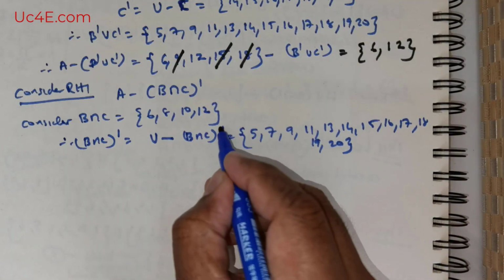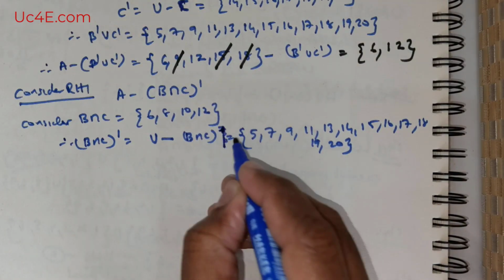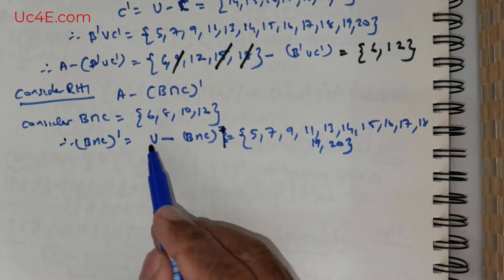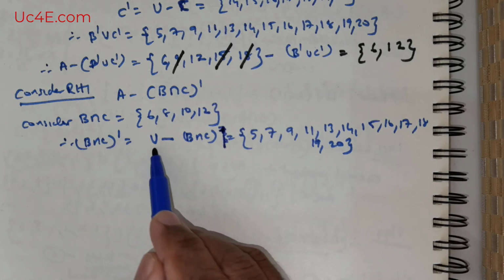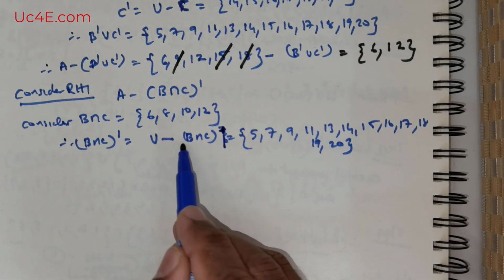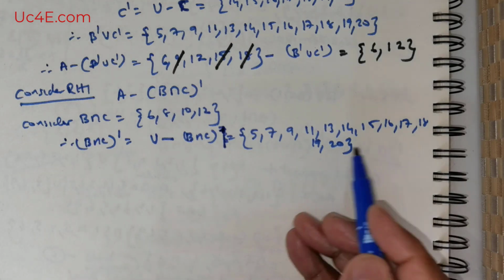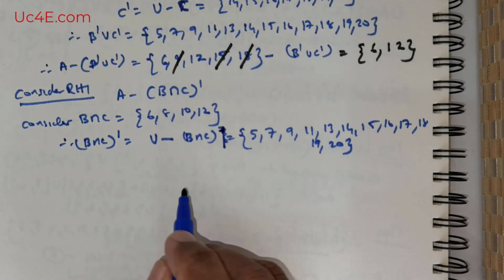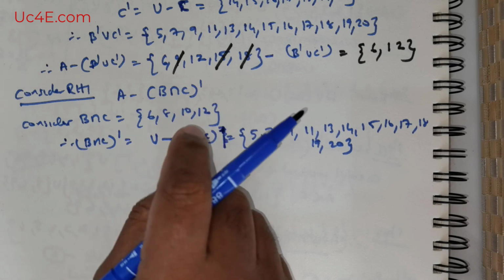Now you don't have to put this complement, there's no need for that. So B intersection C complement is nothing but from the universal set you take away B intersection C, and that is what we have got. Having got that, now we need to take this value.